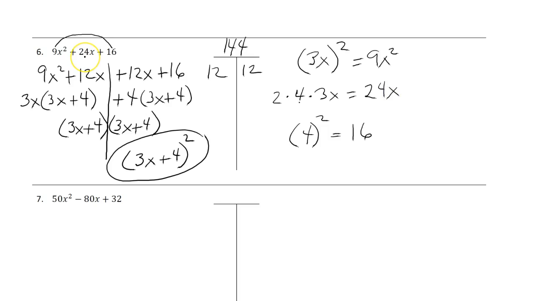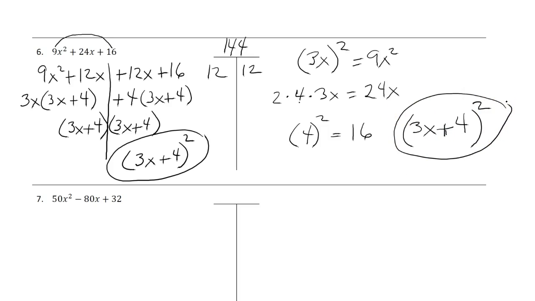The middle term is 24x, so I can use my shortcut. The square root of the first term is 3x. The square root of the last term is 4. The sign between the first two terms is plus. And I have my answer, much quicker if I can recognize the pattern.